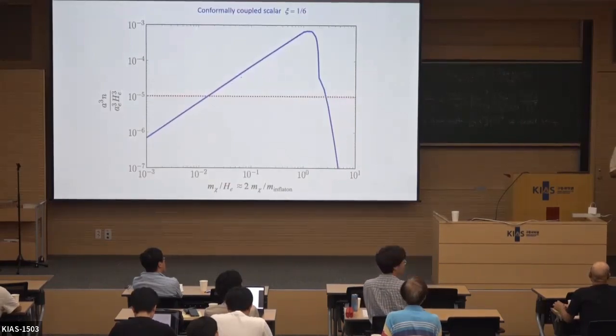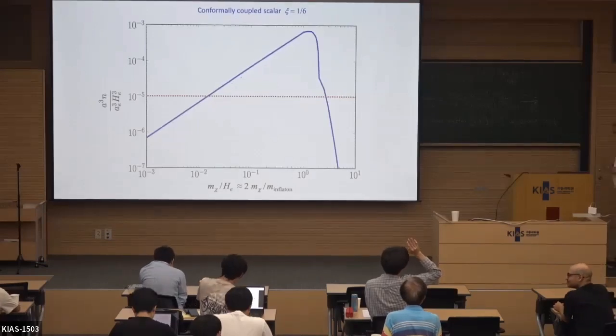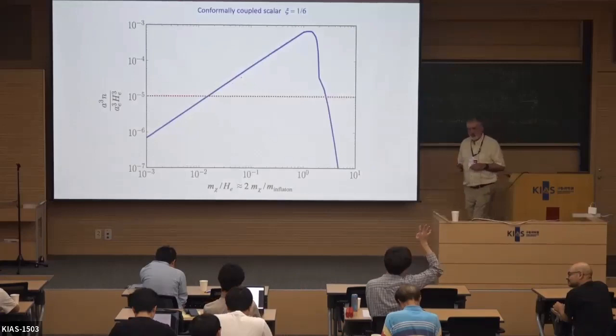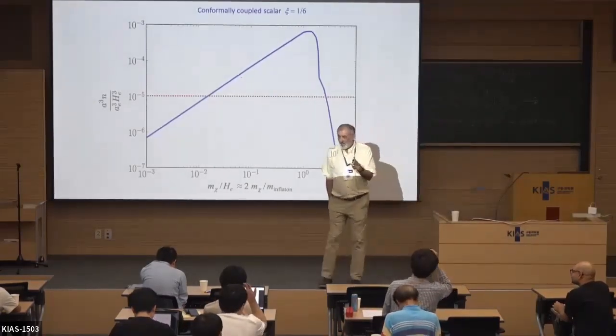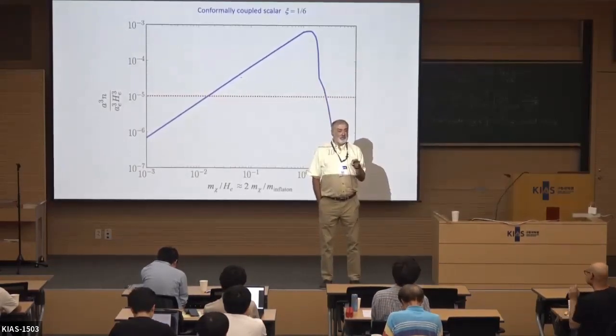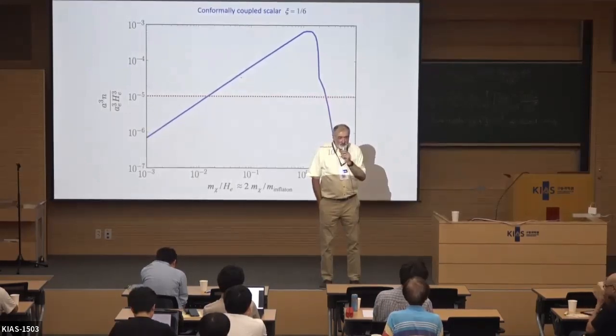So okay? Yes? Inflaton decays to not only dark sector but also standard sector, then... So I'm not assuming that the inflaton decays to the dark sector. I'm assuming the inflaton decays to standard model particles to produce the primordial soup. Okay?